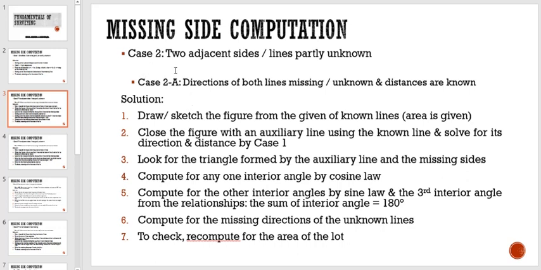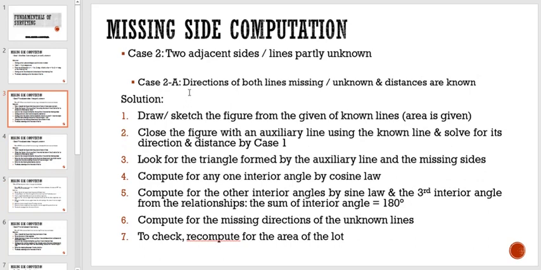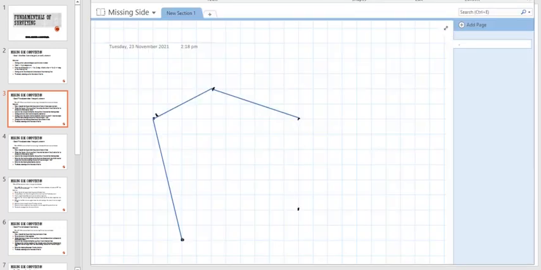Then for case 2, two adjacent sides or lines partly unknown. For case 2, we have sub cases. For case 2A, we have directions of both lines missing or unknown and distances are known. So take a look at the figure. This is the unknown.